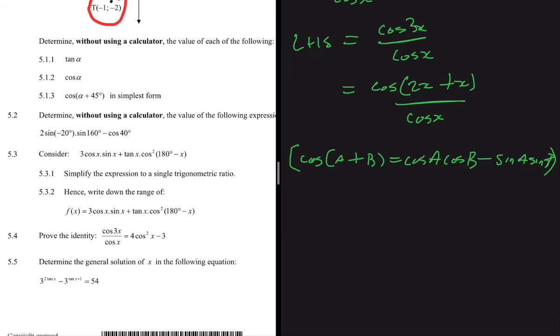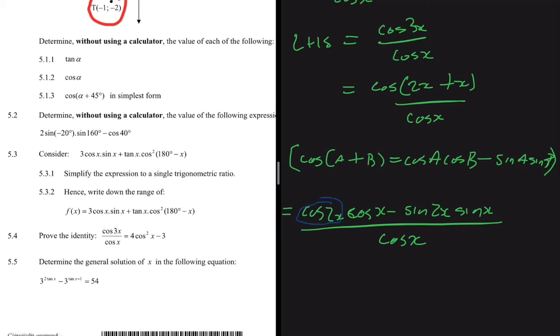And then now we have that being equal to cos of 2x cos of x minus sine of 2x sine of x, and then we divide everything by cos of x. But we know for sure that there's something special about cos of 2x, and there's also something special about sine of 2x.